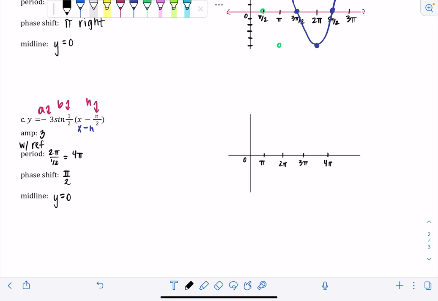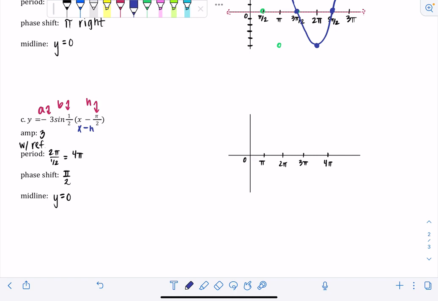This one's a little bit tricky, and I'm not going to expect you to add every single little halfway increment. This one's tricky because the phase shift is pi over 2, and we don't have the pi over 2 scaling already on our x-axis. So pi over 2 would technically be halfway between 0 and pi, so it's just a little halfway mark.